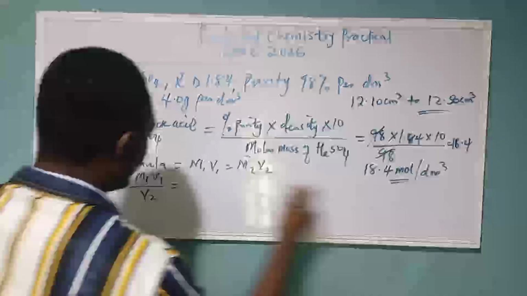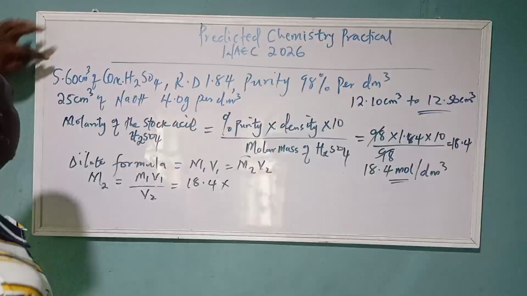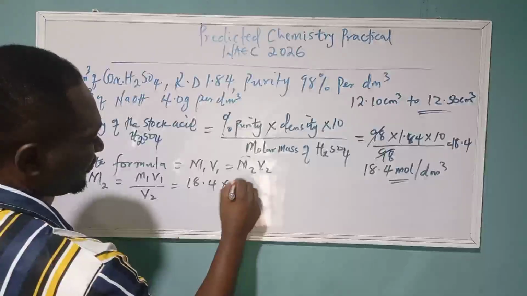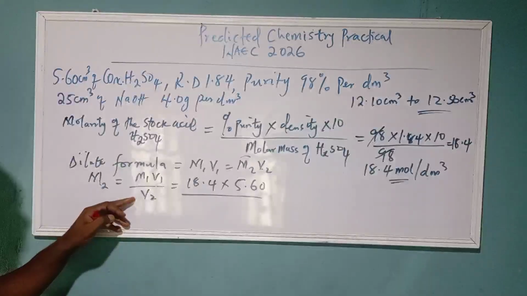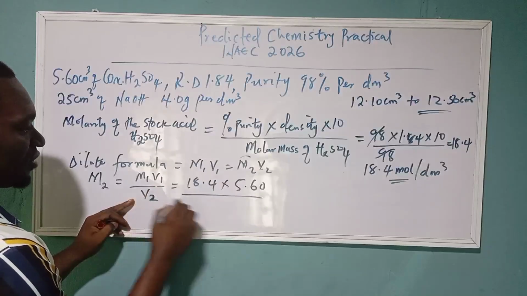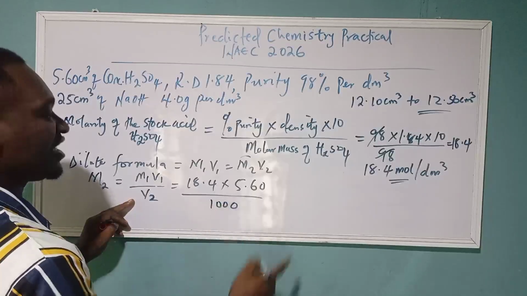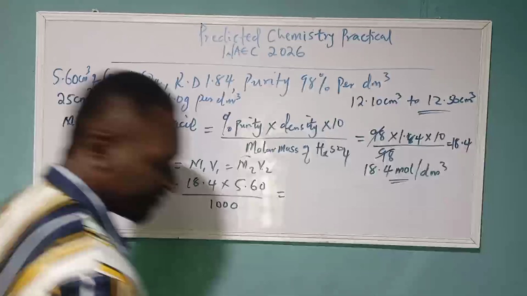M1 is the value we've gotten, 18.4, times V1, the volume of the acid, 5.60, divided by V2. Everything we are doing is in dm³, so we'll use 1000 cm³ or 1 dm³. So let's multiply this and divide it by 1000.